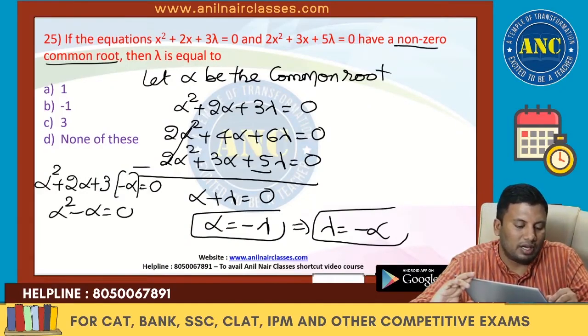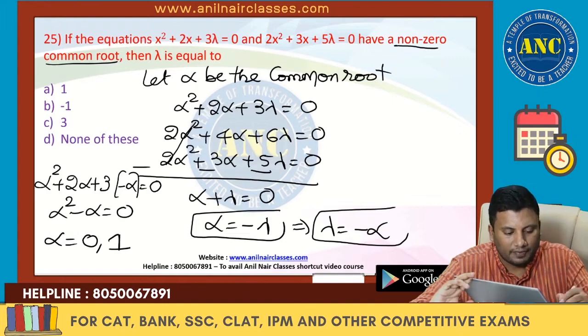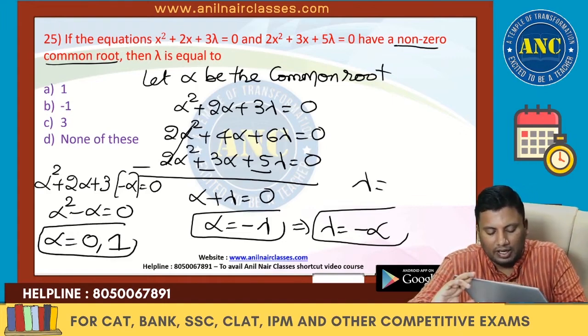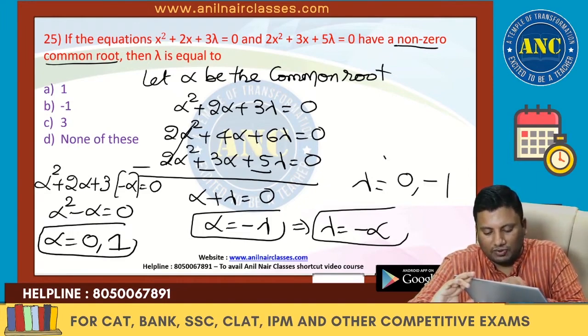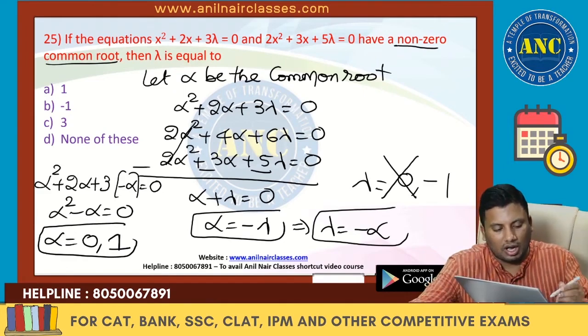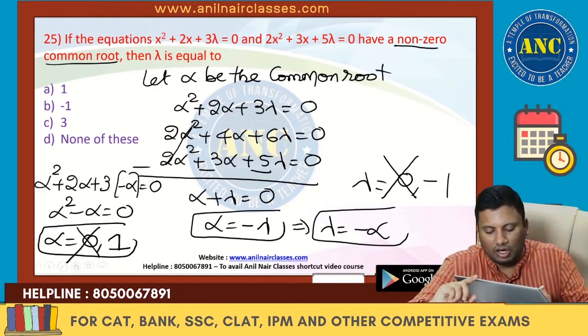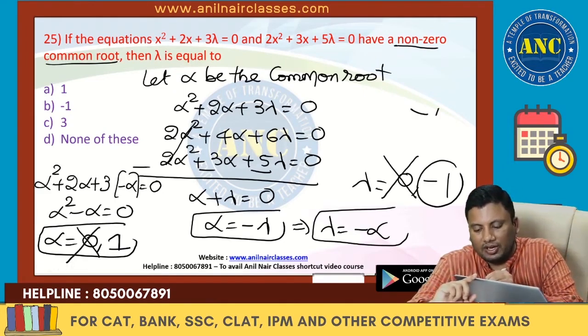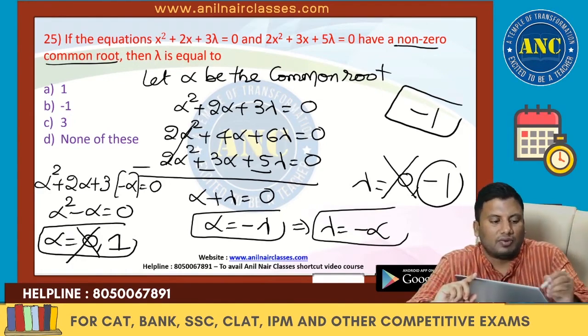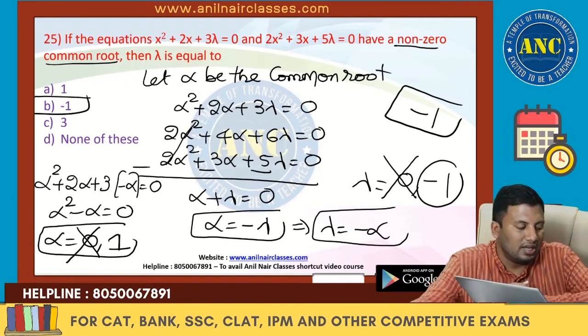Alpha square minus alpha is 0. Alpha is 0 or 1. So lambda will be minus 0 or minus 1. It cannot be non-zero common root. Alpha 0 not possible. So answer for this question is minus 1.